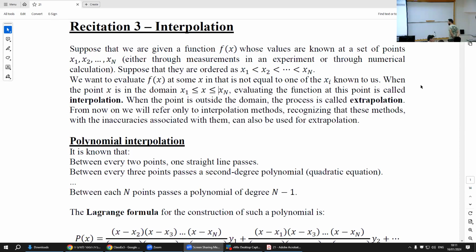Our purpose in interpolation is to try to evaluate or estimate the value of the function at some specific points in the domain of these points or outside the domain of these points. If it's within the domain, it's called interpolation. If it's outside, it's called extrapolation.